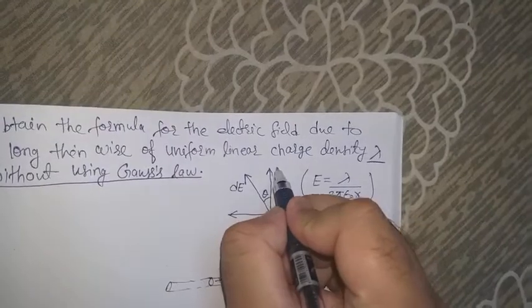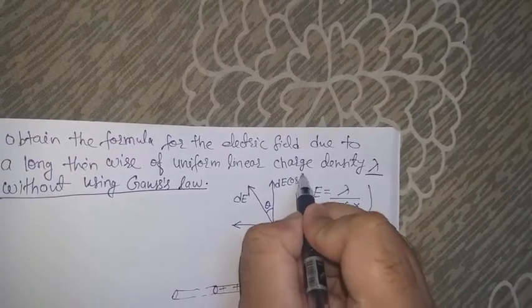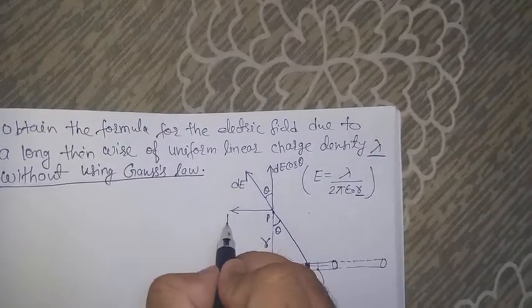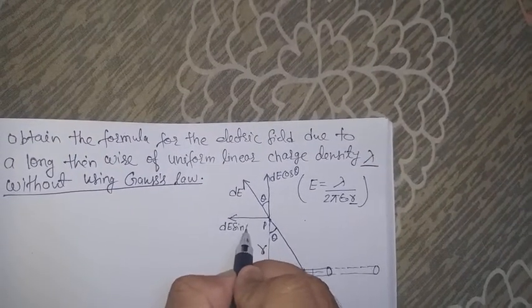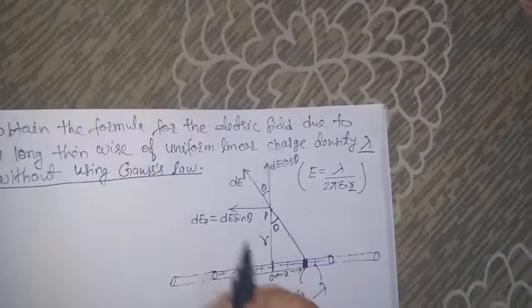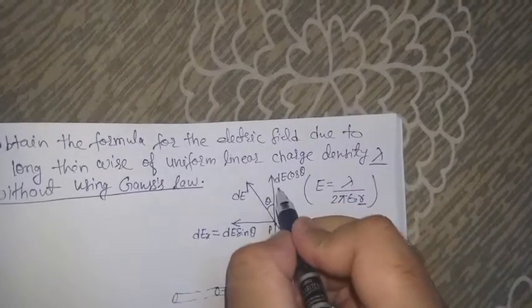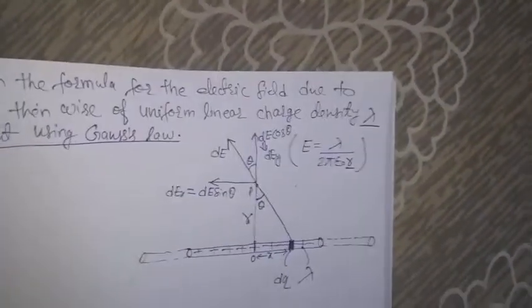What is this component? This component is dE cos theta, and this component is dE sin theta. Actually this is dEx, the x component, and this is dEy, the y component. So here there are two components.